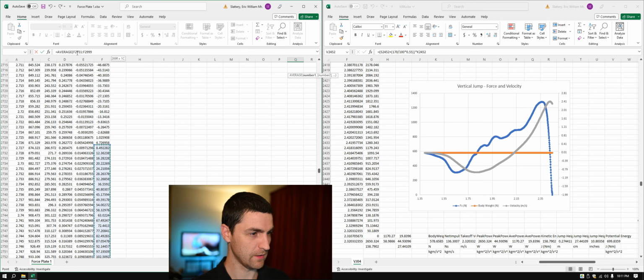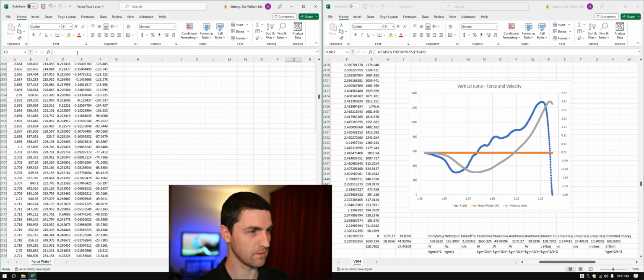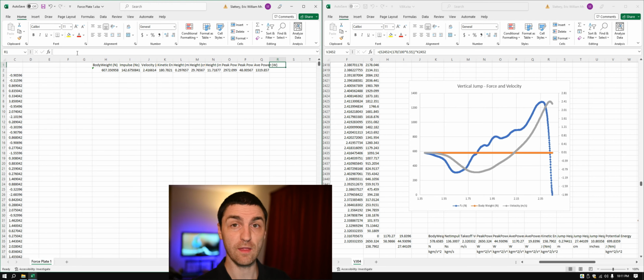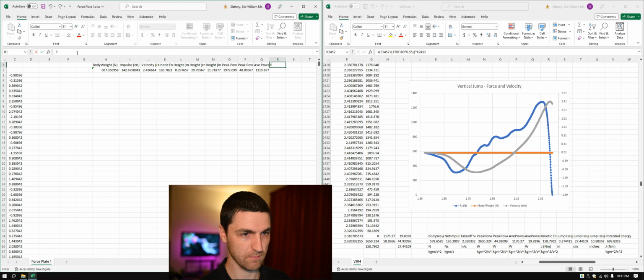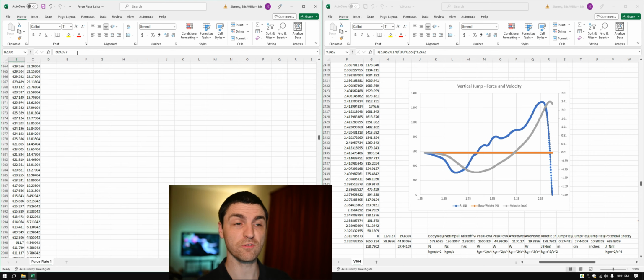There we go. And then again, watts per kilogram. All right, so we're almost finished.